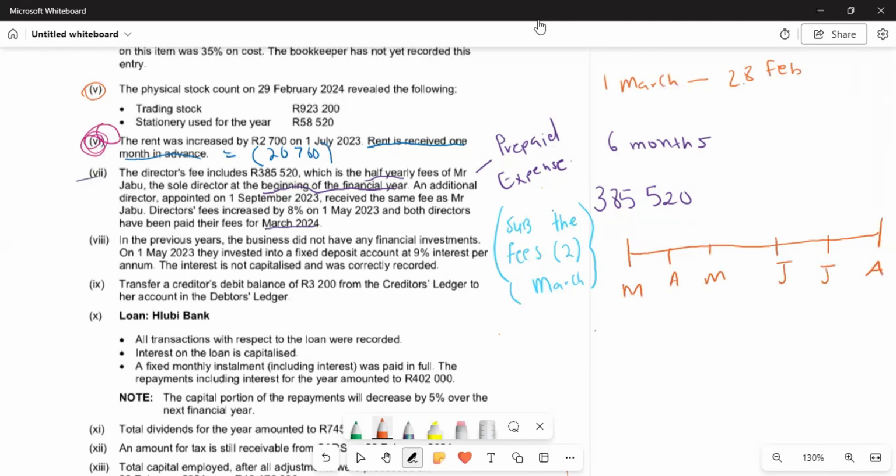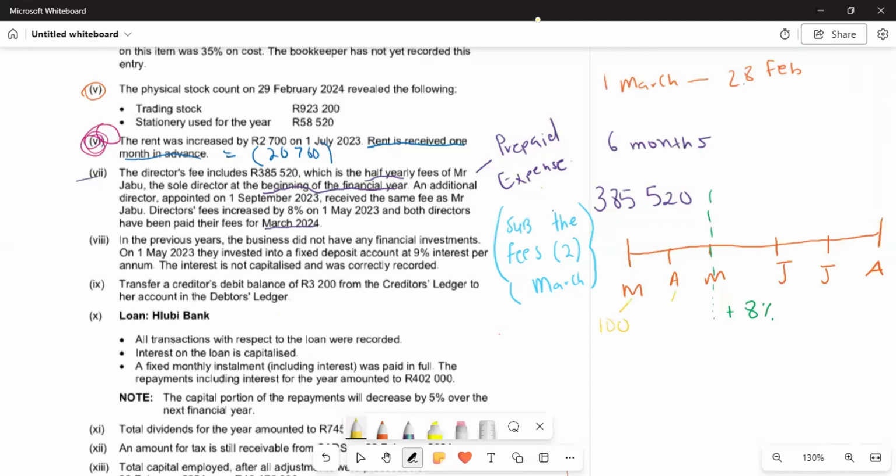Now, based on this information, there was an increase of 8% starting on 1 May 2023. So this is March, April, and from May, from this point, there was an increase of 8%. What can I conclude from this? The director's fees in March, at the beginning of the year, were initially 100%.